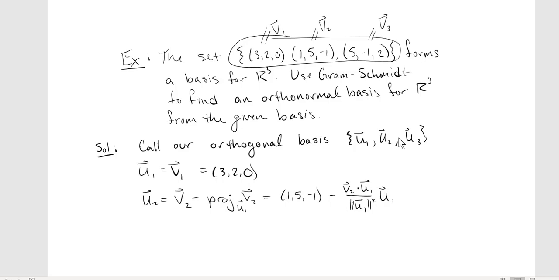Well, we can compute this since we know V2. V2 is the (1, 5, -1) vector, and U1 is this (3, 2, 0) up here. So let's compute this: V2 dot U1, let's even write it out and make this as clear as possible, V2 dot U1 divided by magnitude of U1 squared.